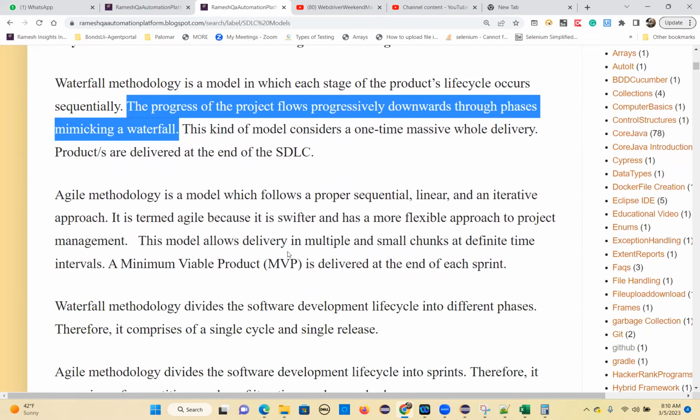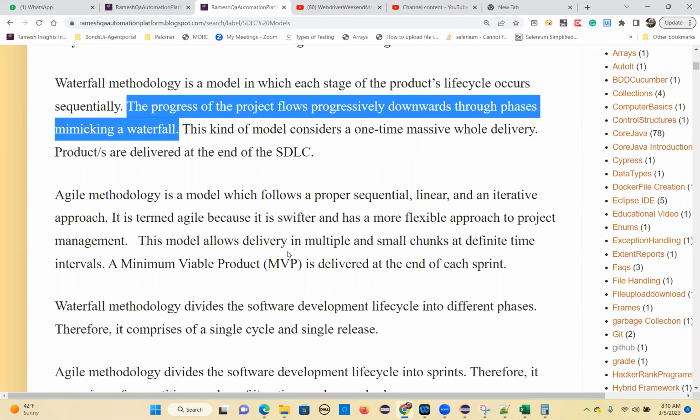Agile methodologies, basically, are not a proper sequential, linear approach but an iterative and rapid development approach. Activities happen in parallel also. It's more flexible, and testing and development activities are conducted concurrently.